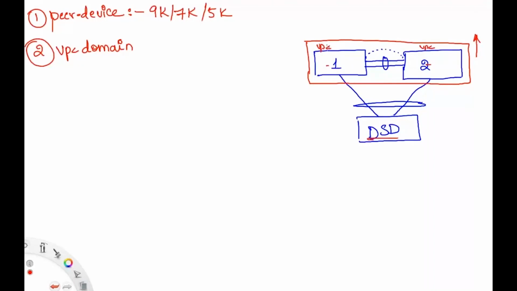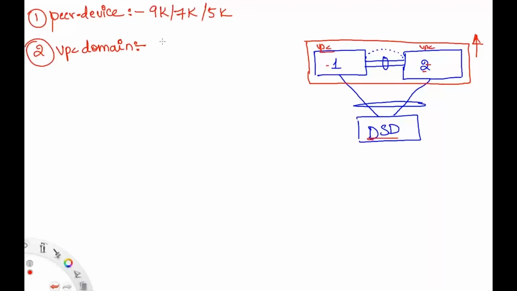Every single VPC domain. So over here, when you configure VPC on switch number 1 and on peer device 2, there is one VPC domain that is configured. This one VPC domain comes up, and after that, these two switches logically appear as one. So every single VPC domain must be associated with its own domain ID.